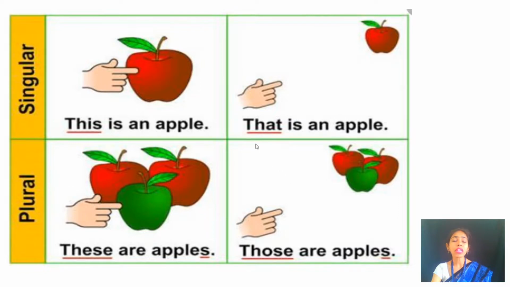So children, that is used when anything which is far from us, हमसे थोड़ा दूर है, डिस्टेंस में है, जो हमारे बिल्कुल क्लोज, नजदीक नहीं है, जिसे हम तुरंत टच नहीं कर सकते, वो वहाँ है, वहाँ. Anything which is kept at a distance, it's not close to us.